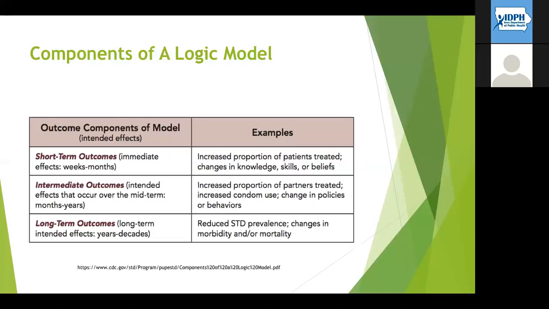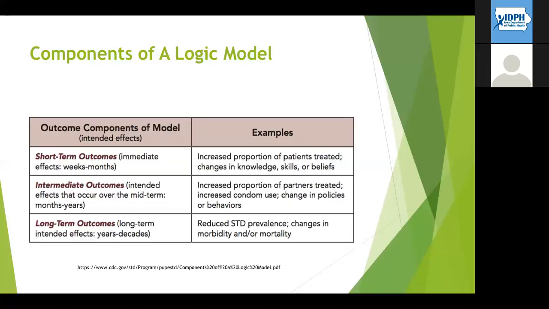But if you're looking at something that's at the community level, like say you're looking at underage drinking prevention, you're going to have different time frames for your outcomes. So best practice says when we're looking at community level outcomes, that your short-term outcomes are 6 to 24 months, your intermediate outcomes are about 1 to 3 years, and that your long-term outcomes are about 4 to 10 years.